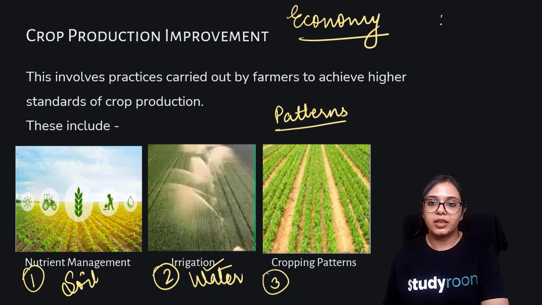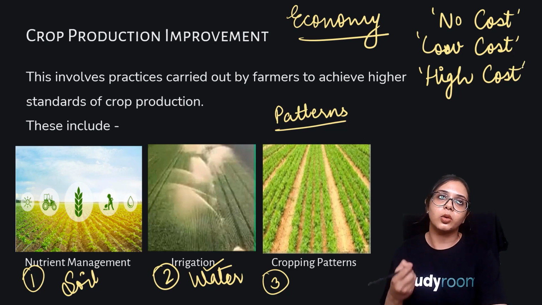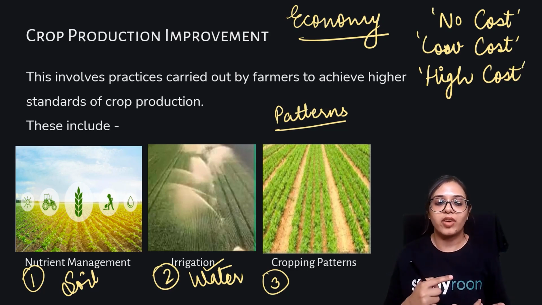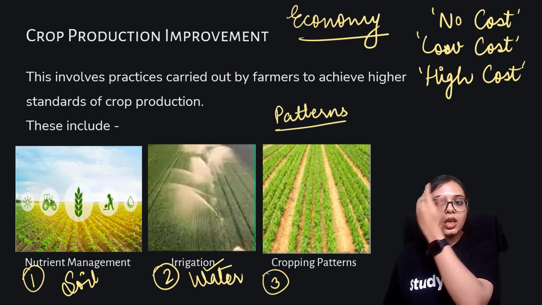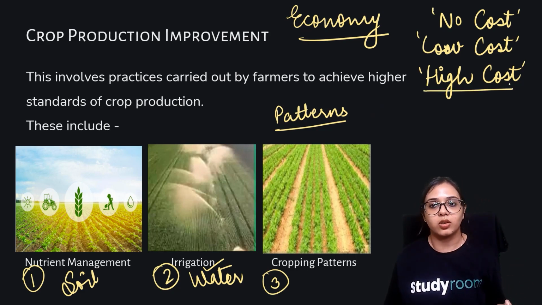And that is basically three kinds: no cost production, low cost production, and high cost production. The farmers who are very rich, who have the means to access high yielding variety crops, different fertilizers and pesticides, and advanced technological equipment, their products are naturally going to be very high. So they are high cost production.